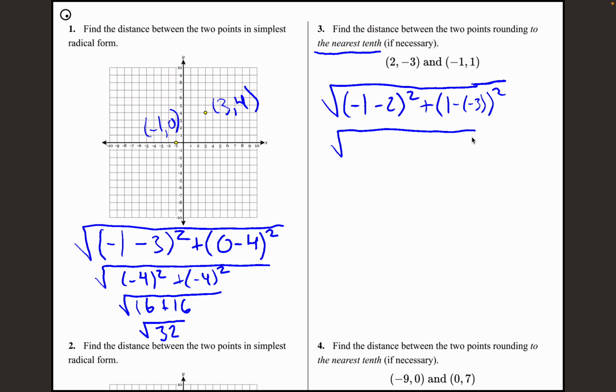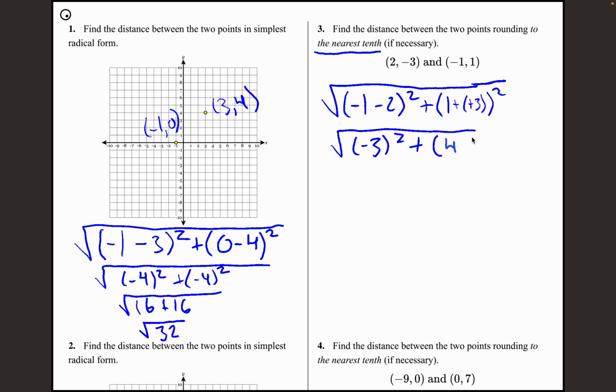Yeah, Rebecca? -3 squared. What about 1 minus -3? What's that going to be, Esme? 1 minus -3? Well, what happens when we have minus a negative? So what does that give us?